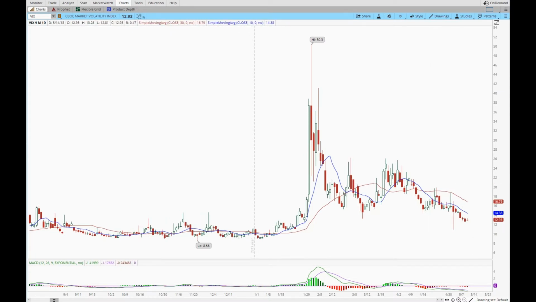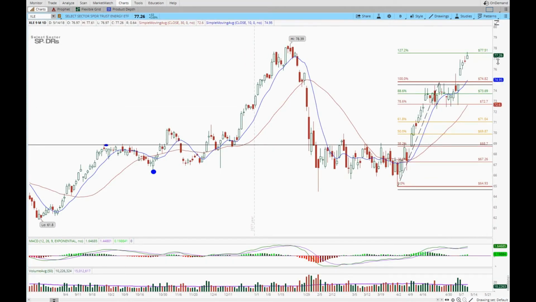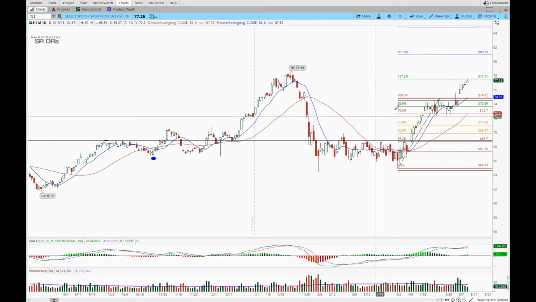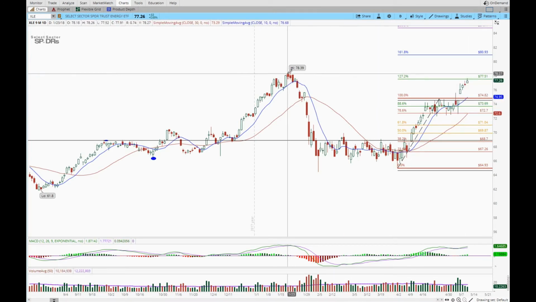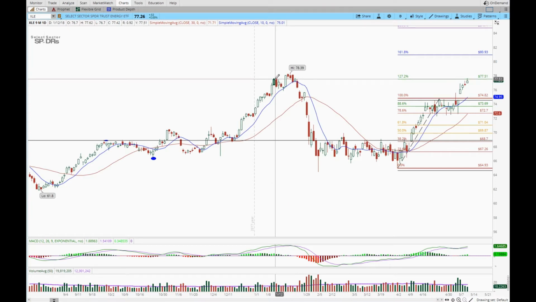So let's check some sectors before we wrap up. I'm not going to do any stocks, but the best sector today was energy. Energy moved to the 127, so it found some resistance here. There are also some resistances at this level up here. The resistance on the 127 is right on this point here, but it found a resistance at 77.51.